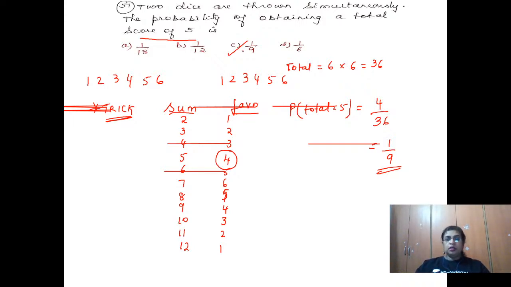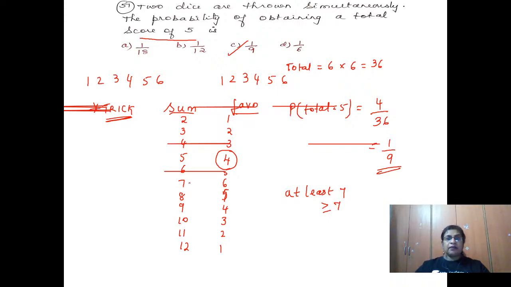Yes, we move on to the next question. This trick will work for at least, at most, for everything. Let me give you one more example. If they ask you the sum is at least 7, at least 7 means greater than or equal to 7.